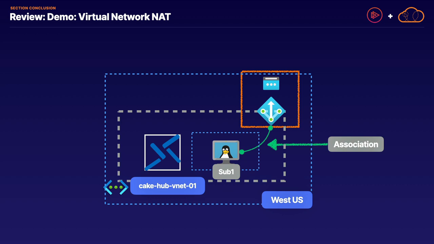And what we changed when we created that NAT Gateway and made that association was how outbound traffic would be routed to the internet. Rather than going via an ephemeral IP, as it did in our demonstration, once we created that NAT Gateway and made that association to the subnet, that virtual machine was communicating outbound to the internet via the NAT Gateway, as we saw by the public IP address when we were using our Bastion to access that VM.